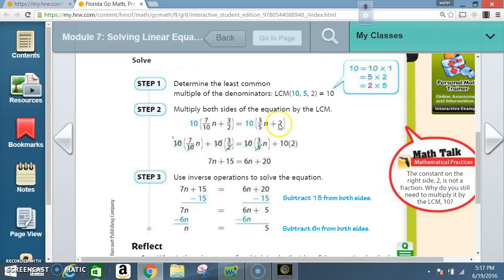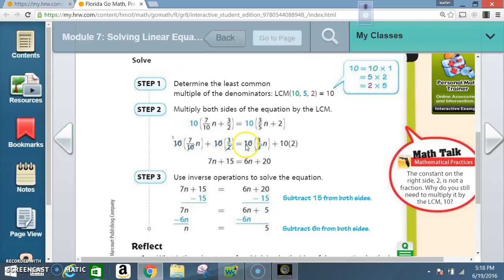Now the book is trying to show you the shortcut method to solve. In other words, 10 divided by 10 is 1. So you're left with 7n. Over here, you got 10 divided by 2. 10 divided by 2 is 5. 5 times 3 is 15.